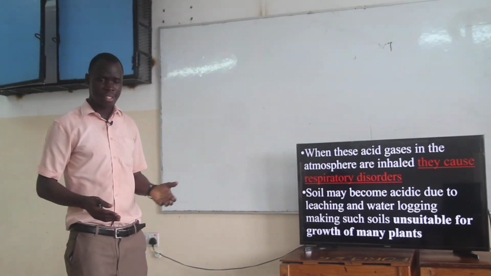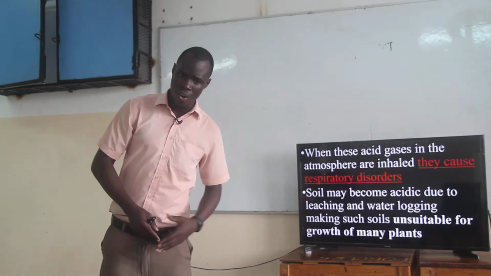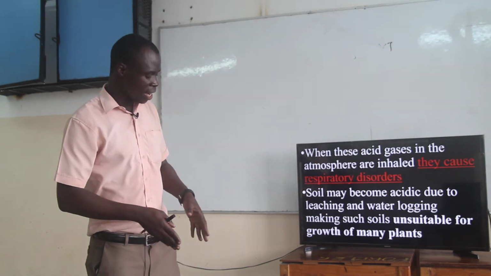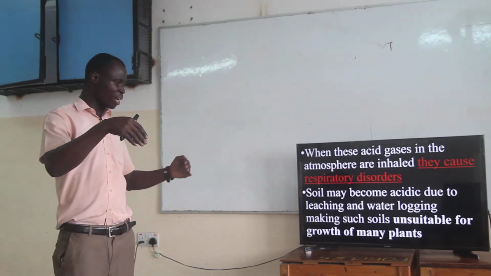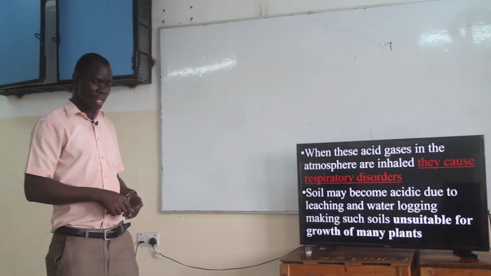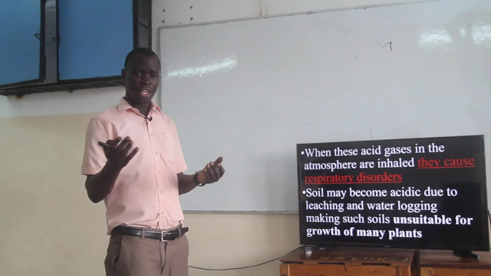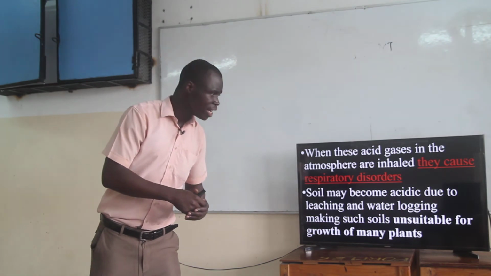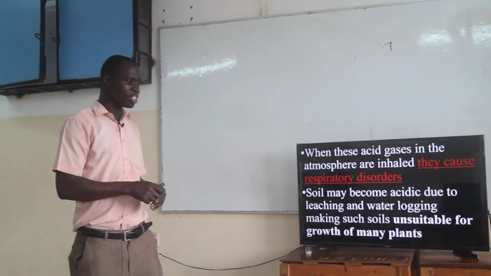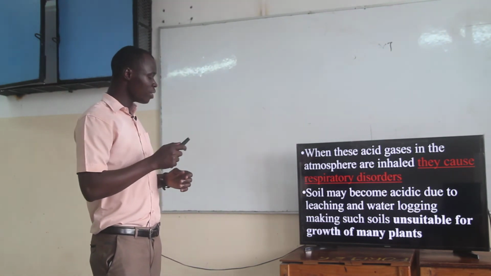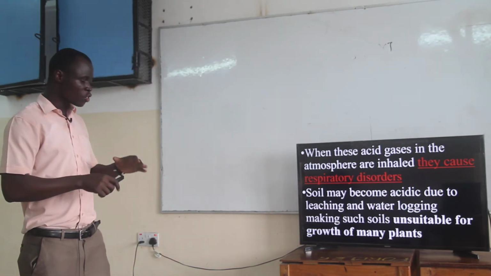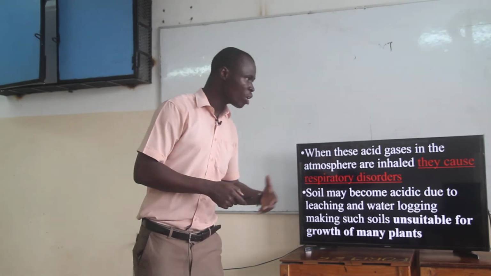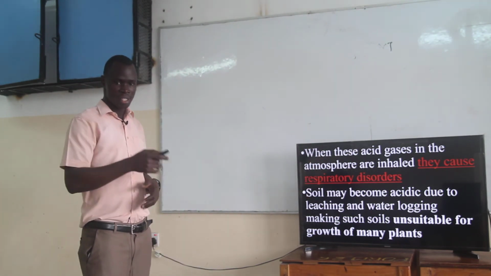When this happens, these minerals get dissolved, and when they get dissolved, they start moving below into the earth's crust. Once that has happened, the soil that remains behind is going to be devoid of nutrients, or lack some nutrients. And when that happens, it is not going to be suitable for growing plants, crops, and any other substances.